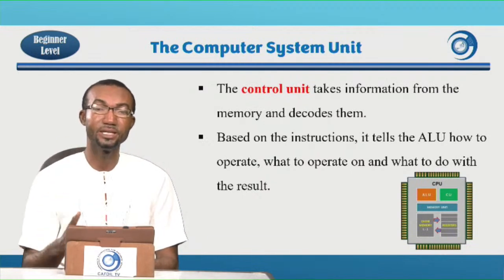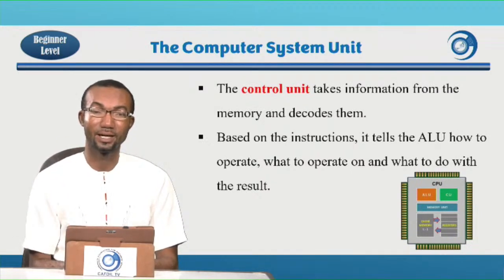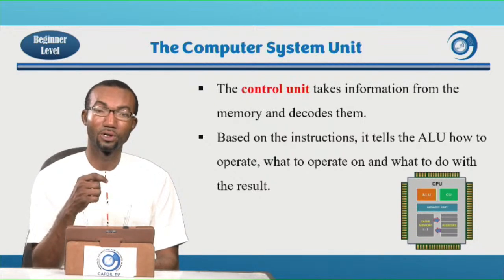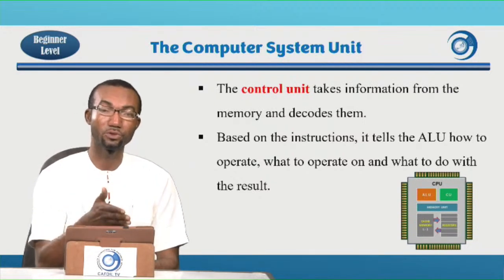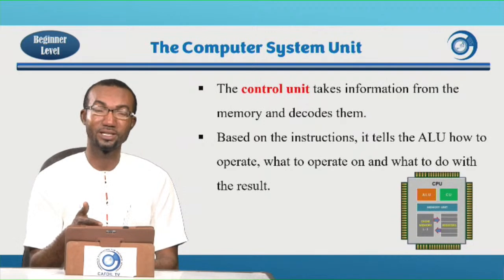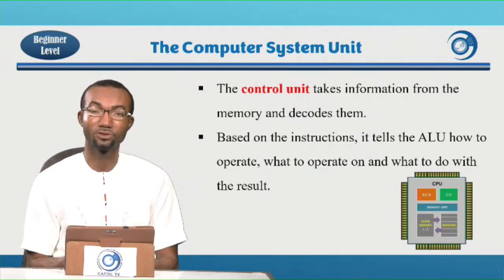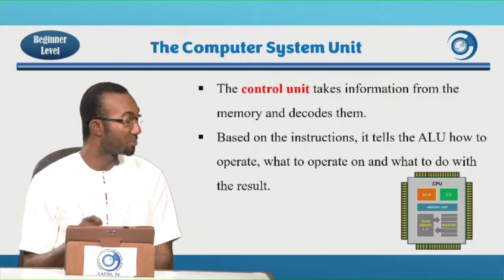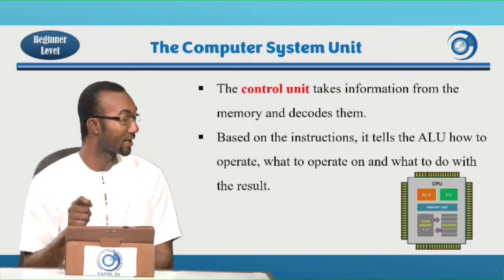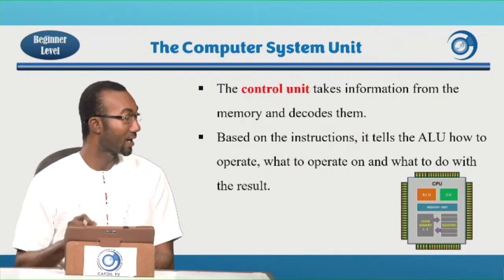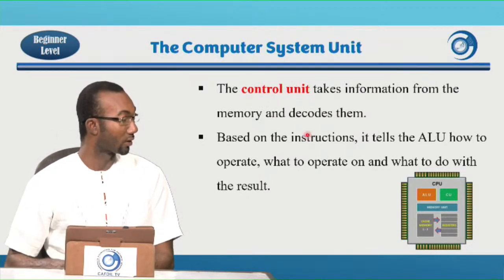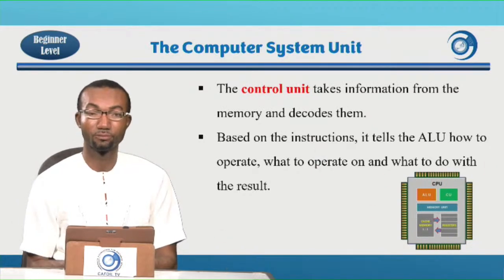That is, give meaning to that data before the control unit will know that the user wants me to do some addition, the user wants me to do some multiplication, and then it will forward it to the right part of the processor. And based on the instructions, it tells the ALU how to operate, what to operate on, and then what to do with the result.